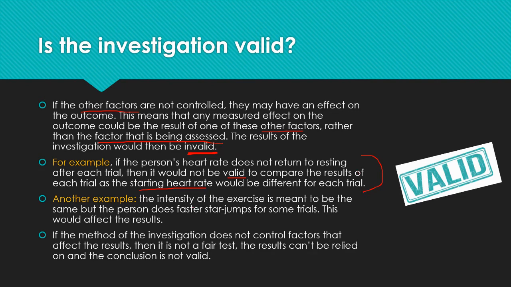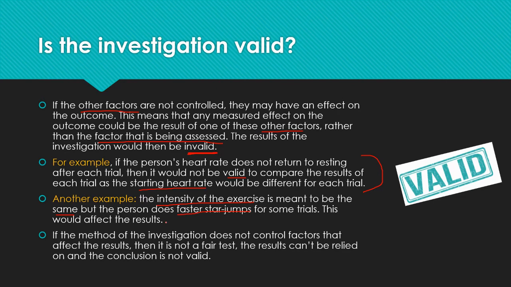Another example is the intensity of the exercise. If you're guided to do a set duration of exercise, the intensity of the exercise is meant to be something you control. The person needs to do the exercise at the same intensity. And then sometimes in some of the trials, they do faster star jumps and others they do slower ones.